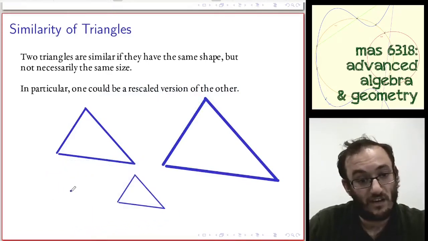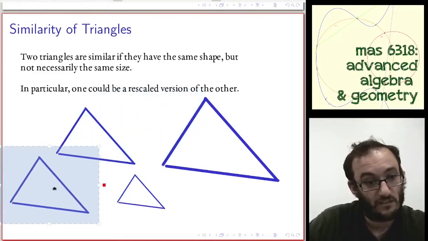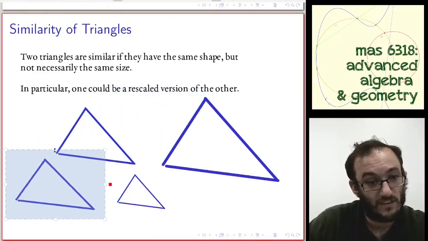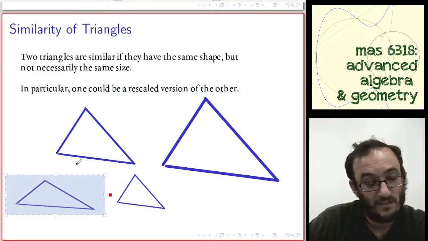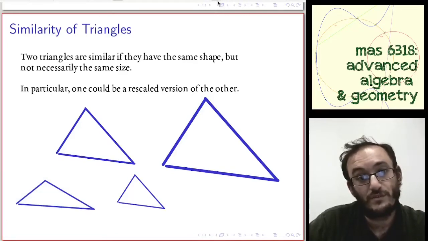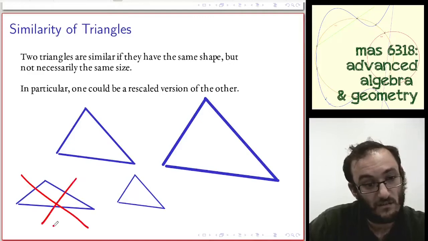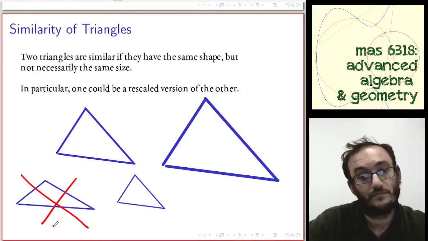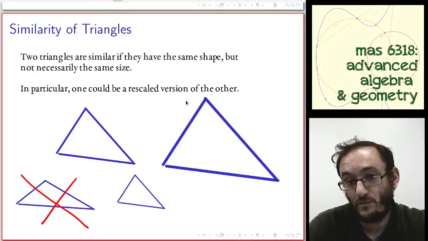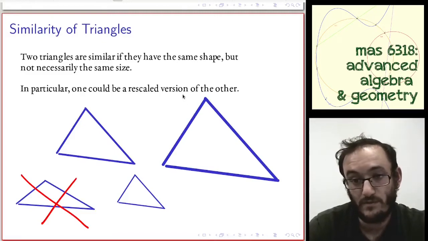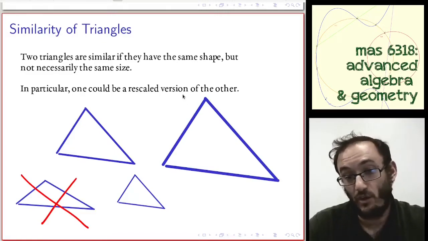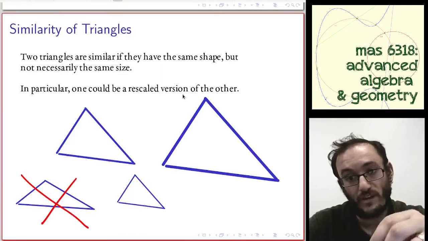Then these are similar triangles. Something that doesn't work, if I use one of these, this alters the shape. So this is not similar. You have to rescale it in a consistent way using the same scaling factor in all directions. You can't squash it in one direction versus the other.